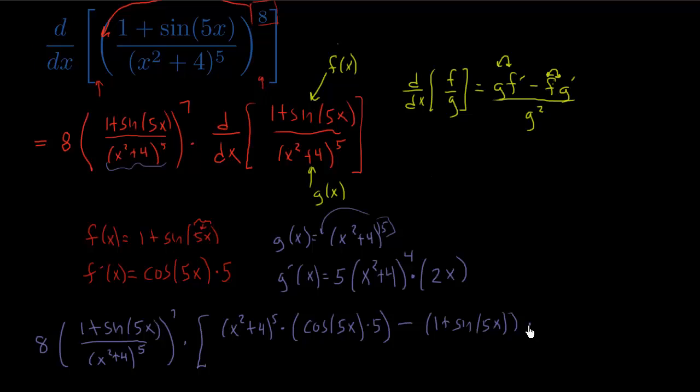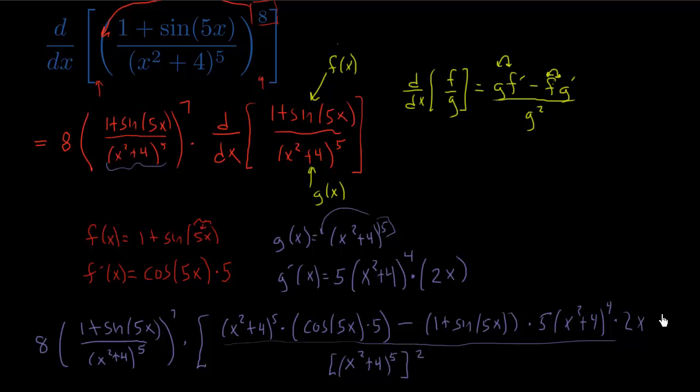And then g prime, and that's all going to be over the bottom squared, which is g squared. So that's x squared plus 4 to the 5th, and squared. And we are now done with the chain rule.